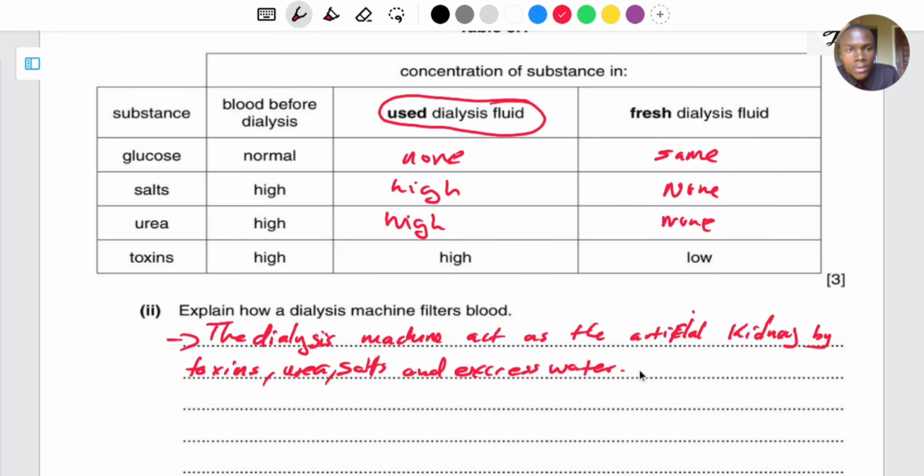Blood is not filtered out. I'm going to say blood is not filtered out because the dialysis tube is a selectively semi-permeable membrane. It has small holes. Since blood is made up of large particles, it is not filtered out.